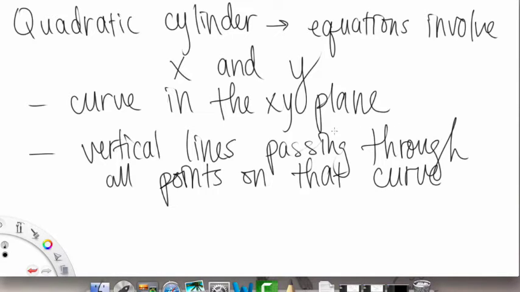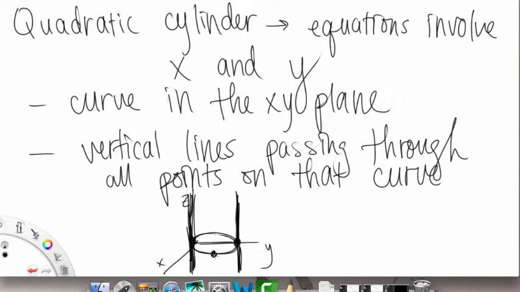Okay, so what does this look like? Let's see an example. The traditional cylinder that we all know and possibly love is like a circle on the xy plane, okay? And then if we take a point, let's say, and extend a vertical line upward and downward from it, and take another point on the curve, extend it upwards forever and downwards forever.